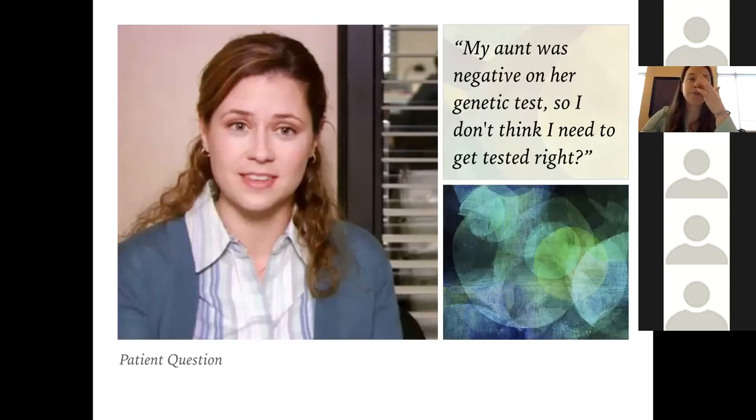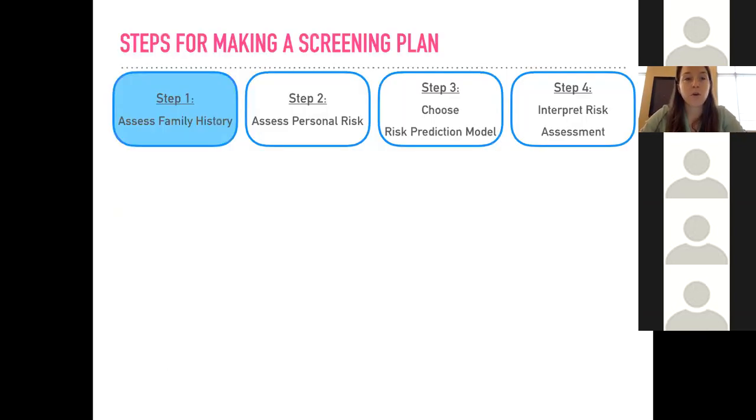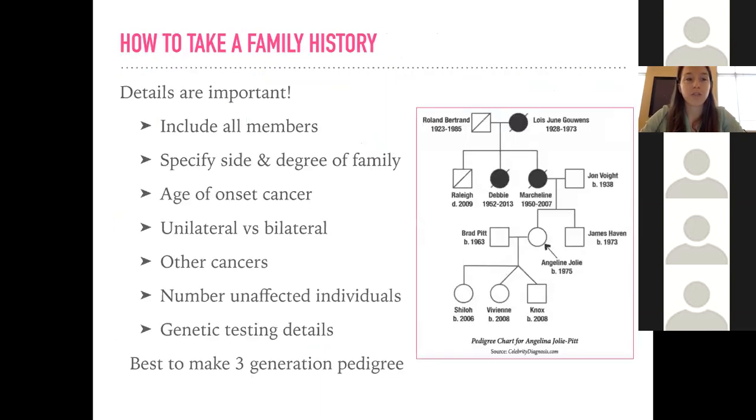And at first it can seem like that maybe is helpful, but there are actually a lot of other layers and details that we need to get at before we can decide if that patient is at higher risk or if they need to get screened themselves. So let's walk through how we would actually assess a family history. The details are super important here. Asking patients, do you have any breast cancer in your family, could be one way to start, but we really want to get at all of the members in their family.